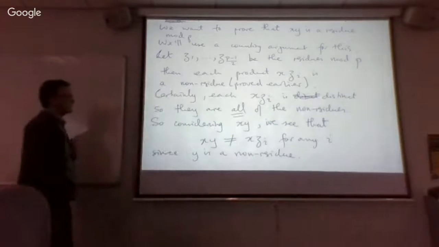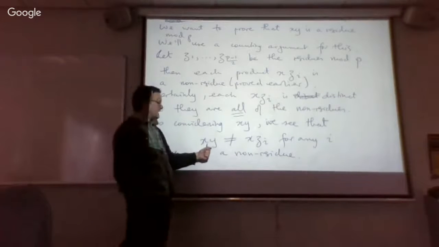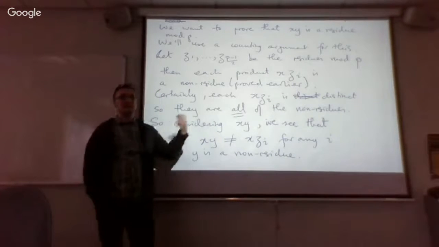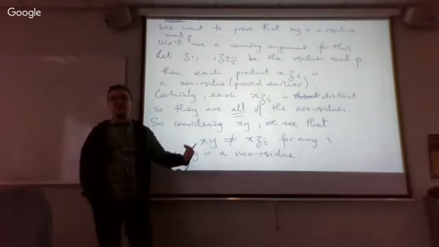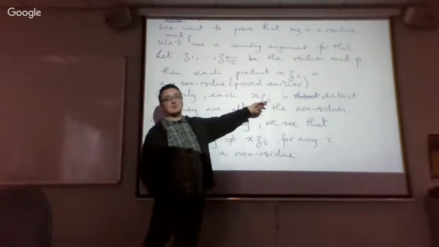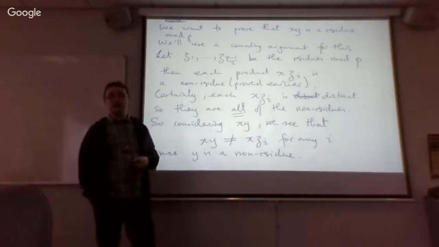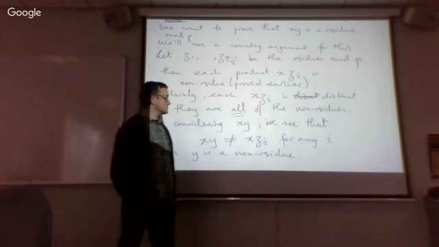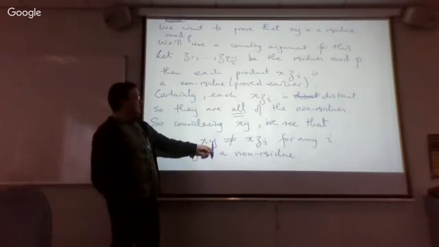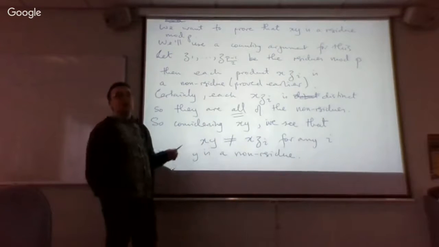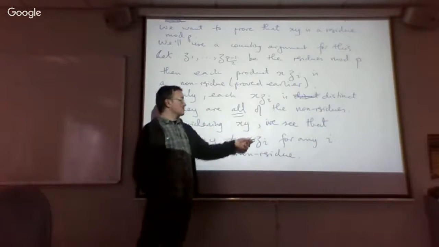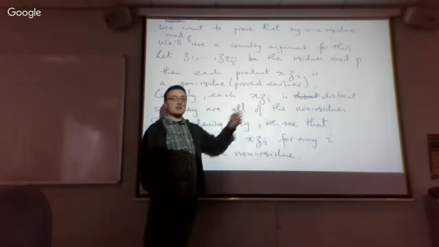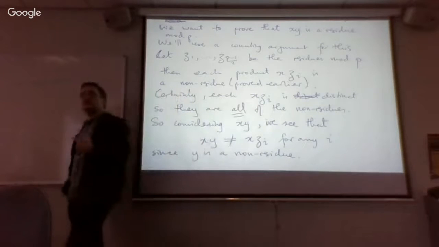Proved that last Friday. So when you multiply x by a non-residue, it has to be a different element from any of these elements, x times zi, that we've looked at. It can't be the same because you could just cancel the x's and then y would have to be one of those. So when y is a non-residue, you multiply it by another non-residue. All the non-residues are already used up in these products here, so the product has to be a residue.